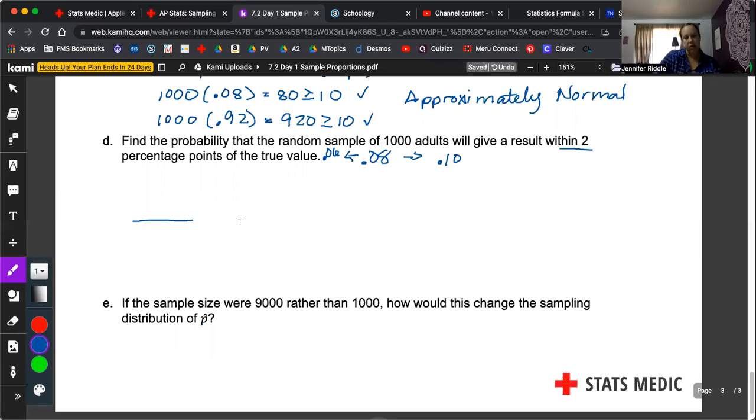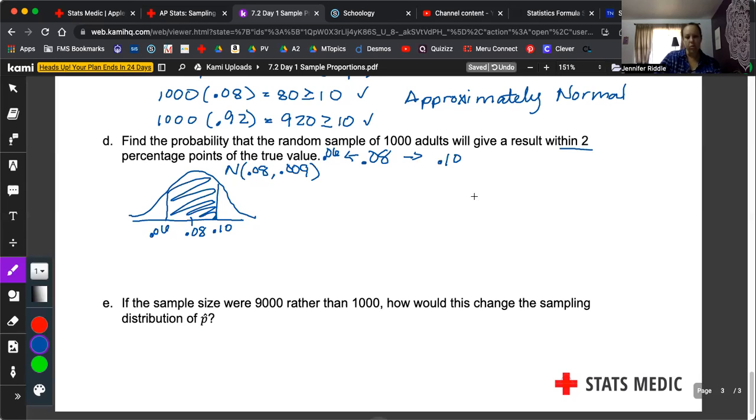Since I know I have an approximately normal distribution, I can draw my normal curve. The mean we said was 0.08 with the standard deviation of 0.009. And I want to know the probability of being within 2 percentage points, so between 0.06 and 0.10. So I'm looking for this probability, this area here.